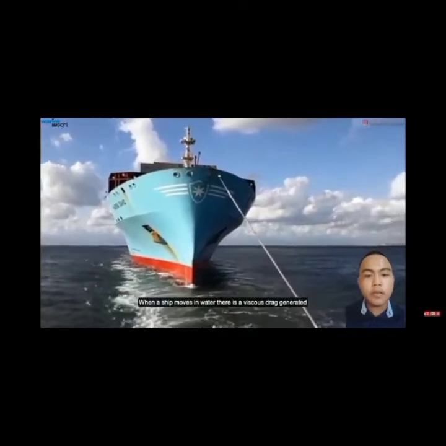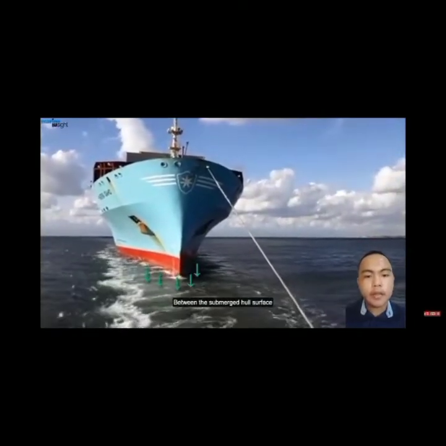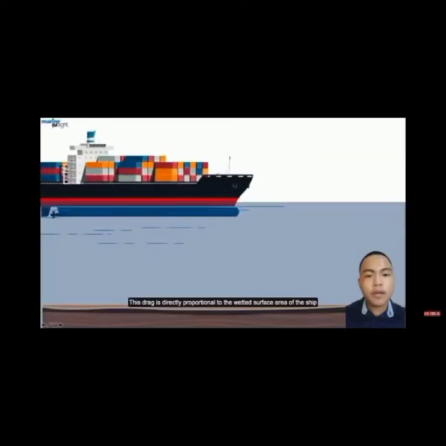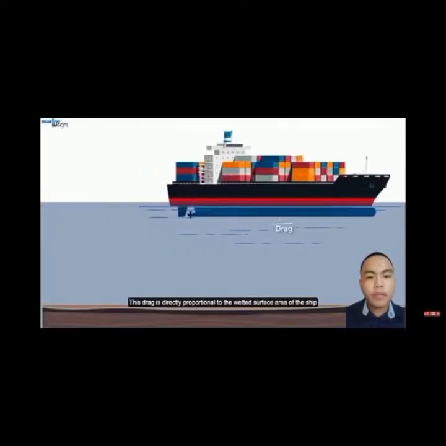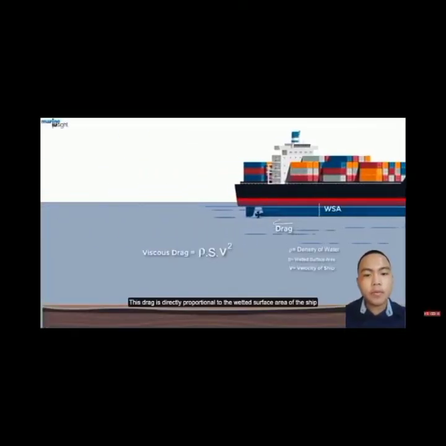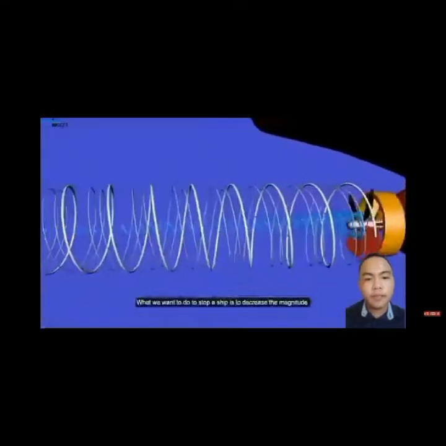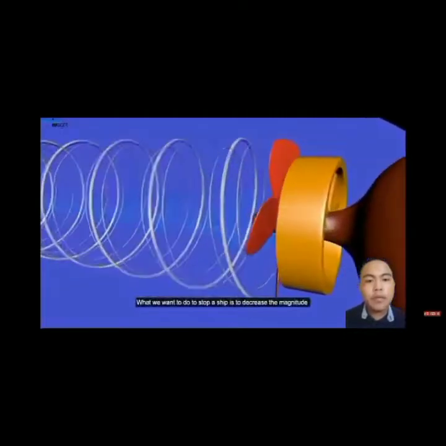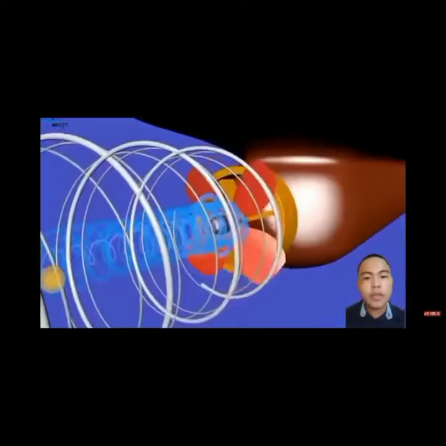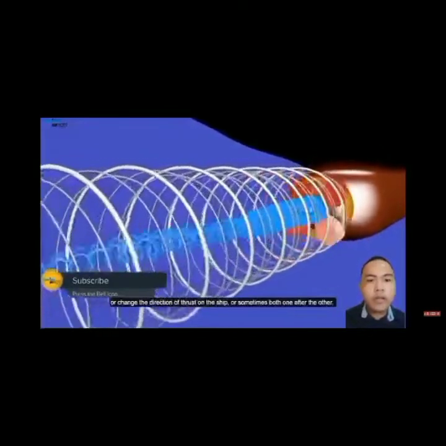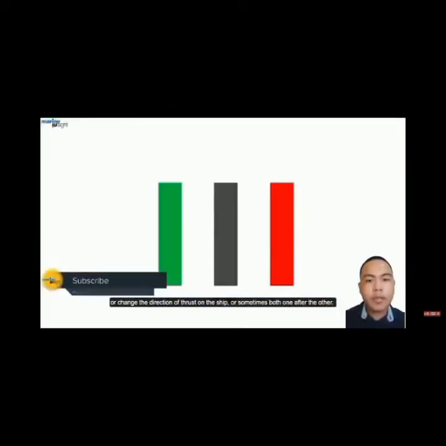When a ship moves in water, there is a viscous drag generated between the submerged hull surface and the water particles in contact with the hull. This drag is directly proportional to the wetted surface of the hull and varies with the square of the velocity of the ship. To stop a ship, we decrease the magnitude or change the direction of thrust, or sometimes both.